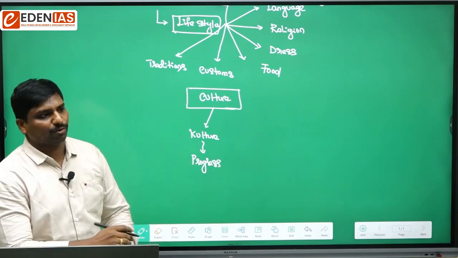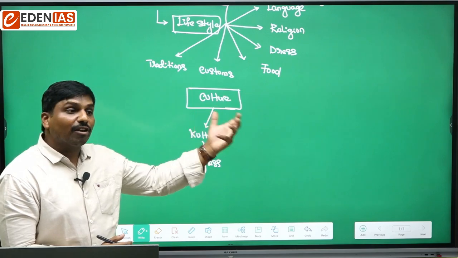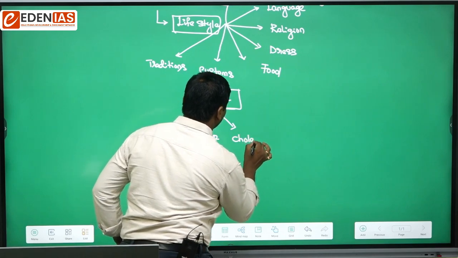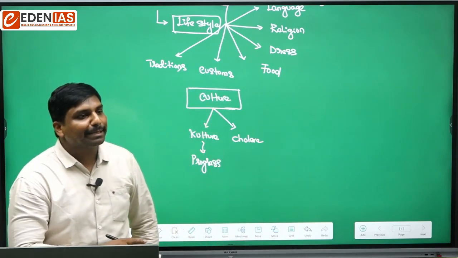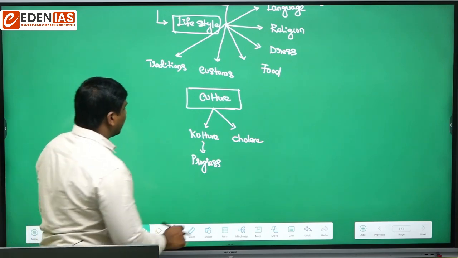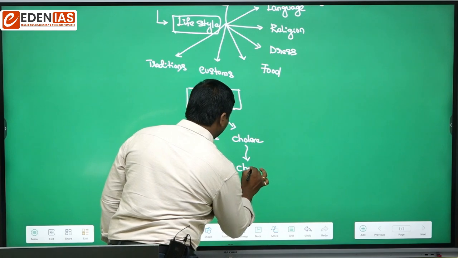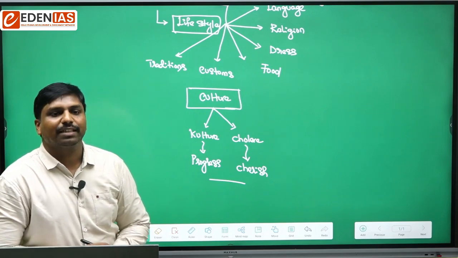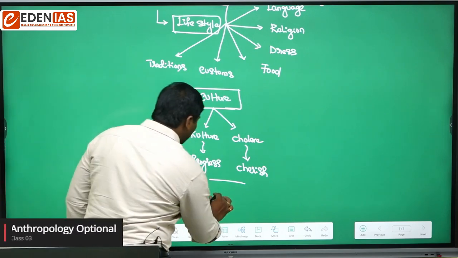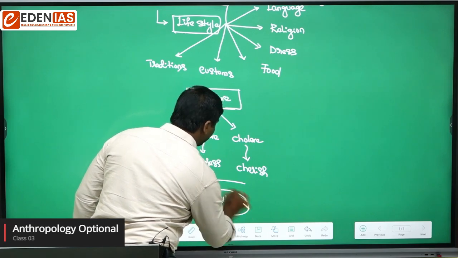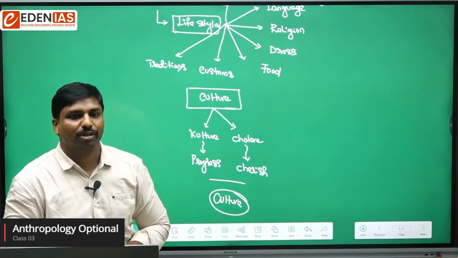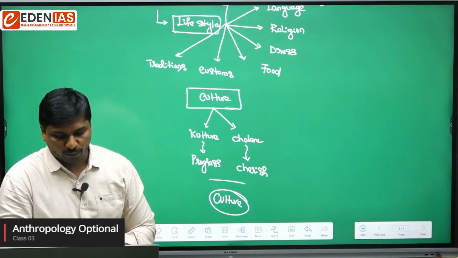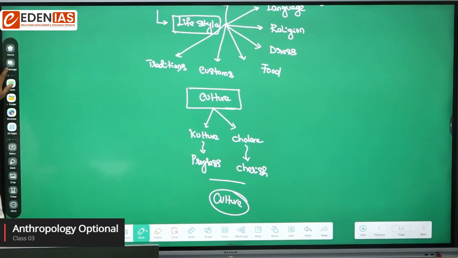In other words, the word culture is also believed to be developed from a Latin word, colere, and the meaning of colere refers to cherish. From these root words, the term culture has been systematically developed. So that is a very basic introduction about what is culture and how etymologically the word culture has developed. That's with respect to the basic introduction for this particular concept.